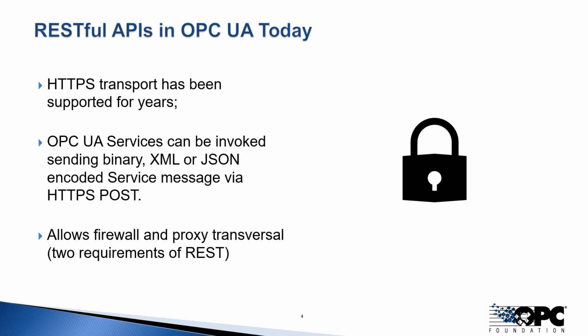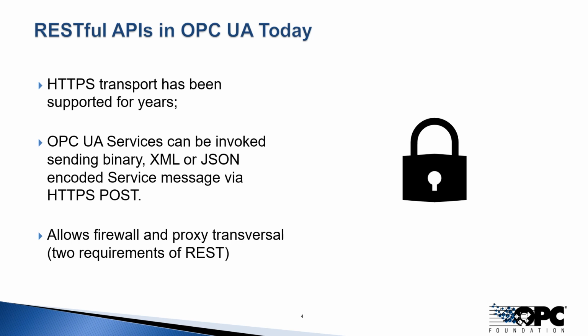So it's important to remember that RESTful APIs have been around in UA for a long time. The HTTPS transport has been supported for years. You've always been able to take any of the existing OPC UA services and post binary, XML or JSON messages to a web endpoint and then get a response.